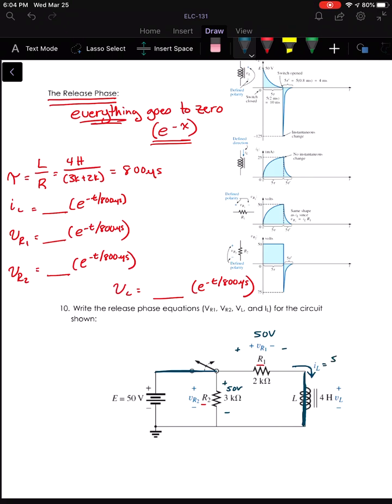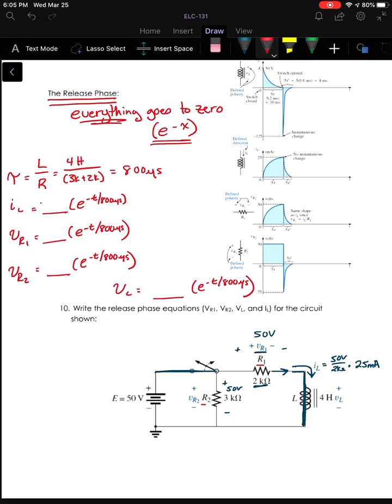So that means that I sub L is really just going to be the 50 volts divided by the 2K ohm resistor, which is 25 milliamps. Why is that? Because you have 50 volts here across 2K ohms of resistance. Ohm's law gives you that you have to have 25 milliamps through that resistor. That's in series with your inductor, so it has to be the same current.